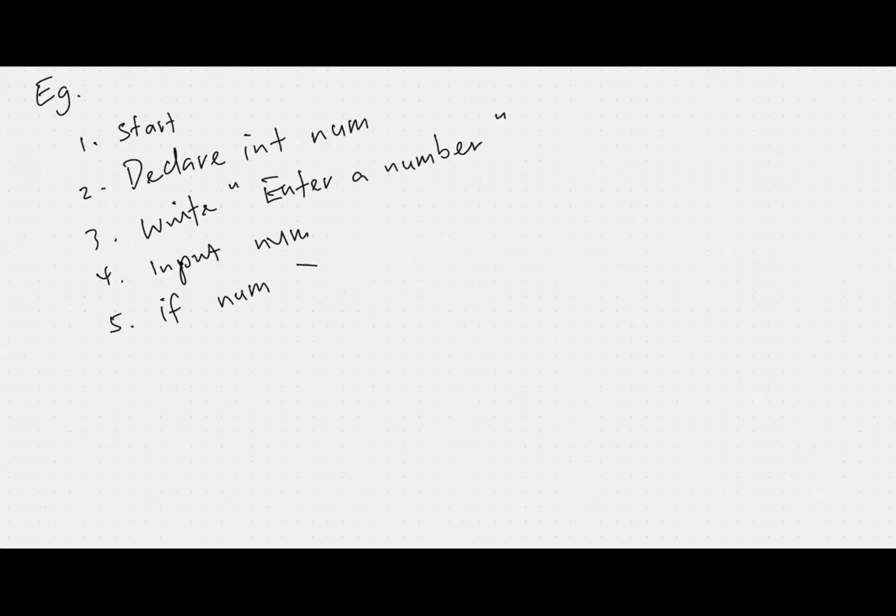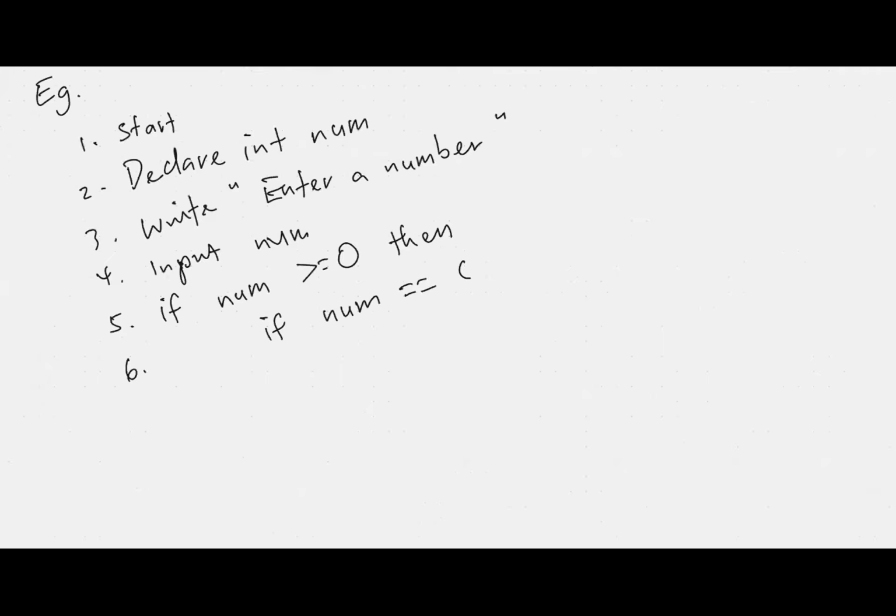If the number is greater than or equal to 0, then what we can do is check whether the number we have collected is equal to 0. Then number 7, we write equal to 0.